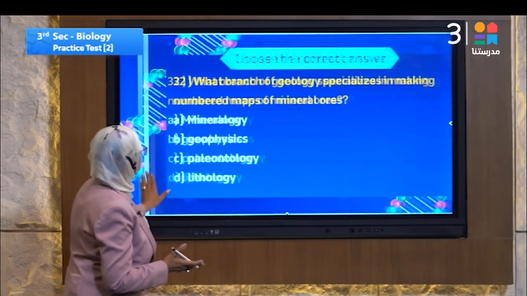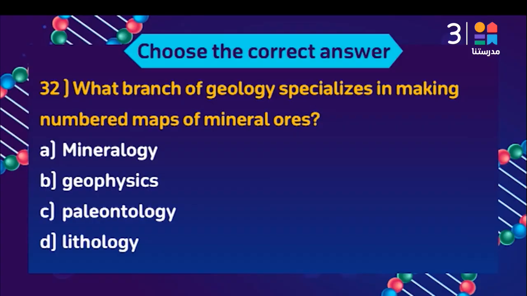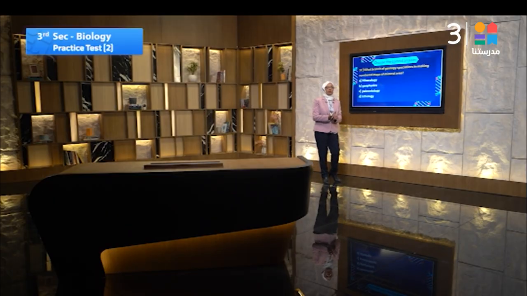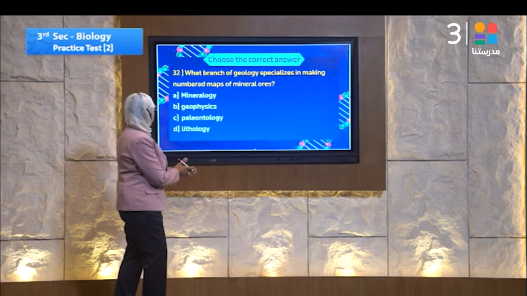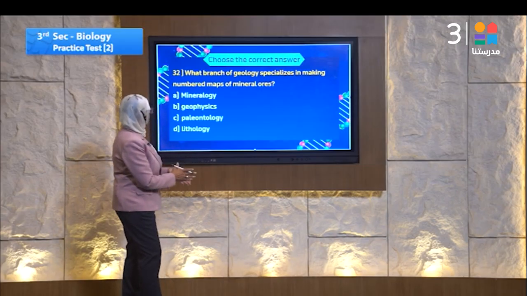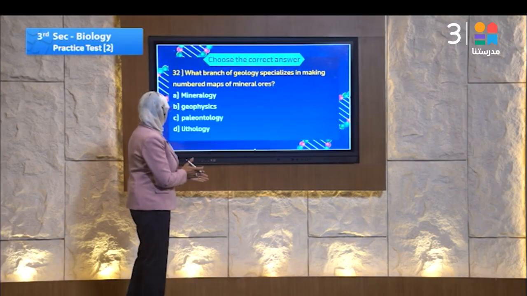Let's go to 32. Question 32 is about a branch of geology specialized in making maps of mineral ores. We speak about mineral ores and their economic value in earth science. A, mineralogy. B, geophysics. C, paleontology.